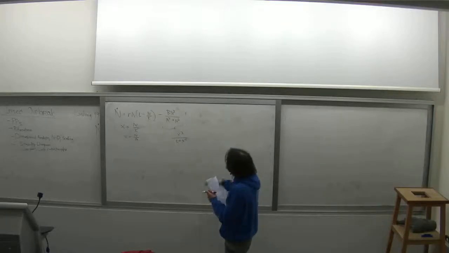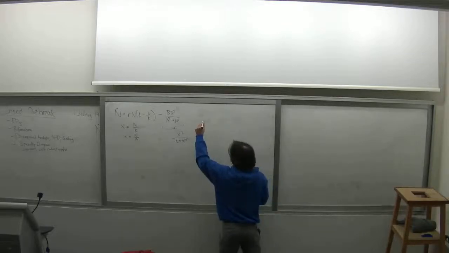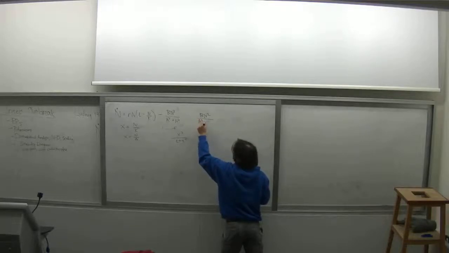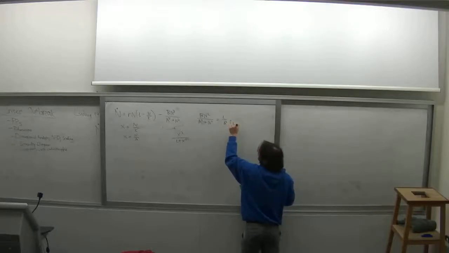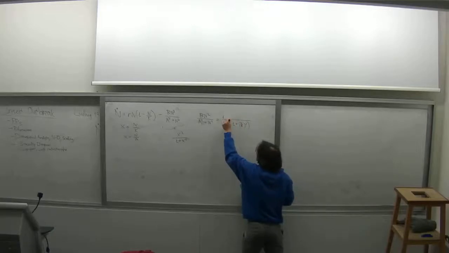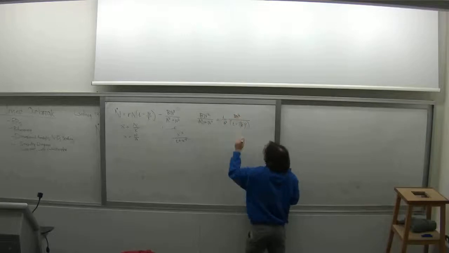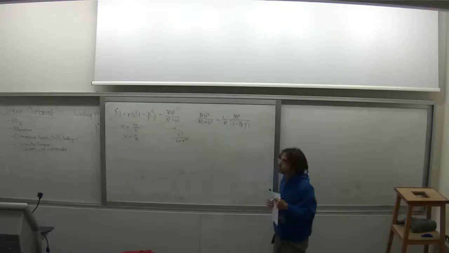Okay, so we'd like to transform this into this. The first thing we can do is take the a out of the denominator, and then I just put it into the numerator.